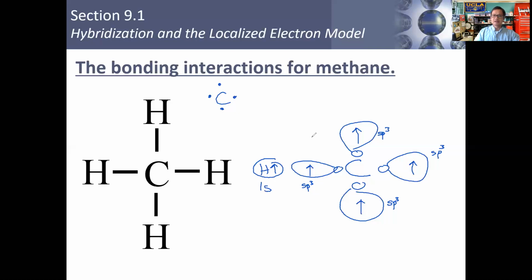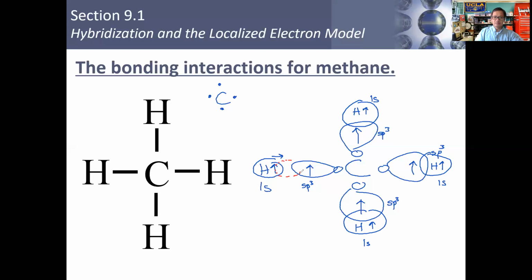And as it moves in, what we see is there's going to be an overlap with the hydrogen 1s orbital. And so we'll draw this here. This is 1s. Hydrogen comes in with its 1s orbital, and so the overlap occurs.